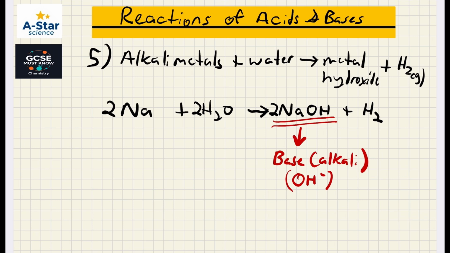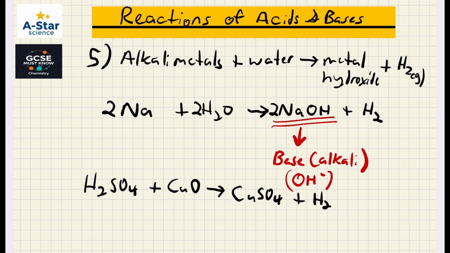They come up as important, especially when you're doing the required practical for making salts, because that's where you will react an acid like sulfuric acid with copper oxide. So sulfuric acid plus copper oxide will make copper sulfate plus water.